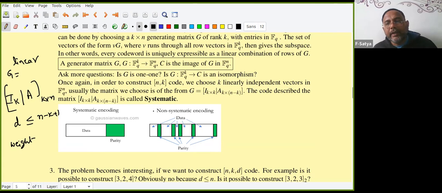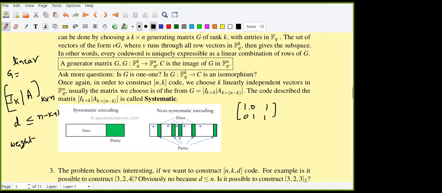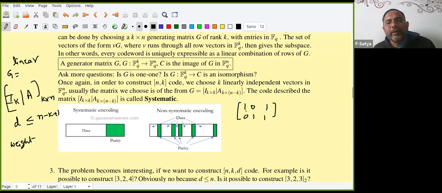Even first 1 0 0 1, right? What is the distance of these two?